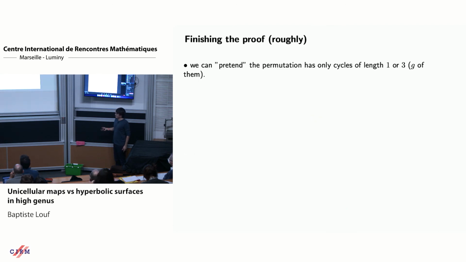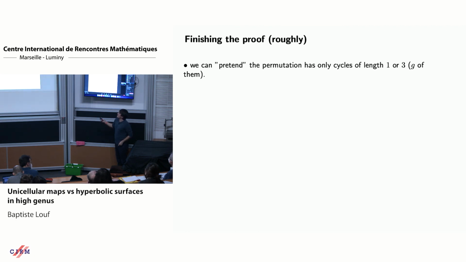Okay, and then to finish the proof, I'm going to say it very roughly. You can prove that you can pretend that your permutation only has cycles of length 1, so fixed points, so vertices are not going to be merged, or cycles of length 3, so just 3 vertices get merged.